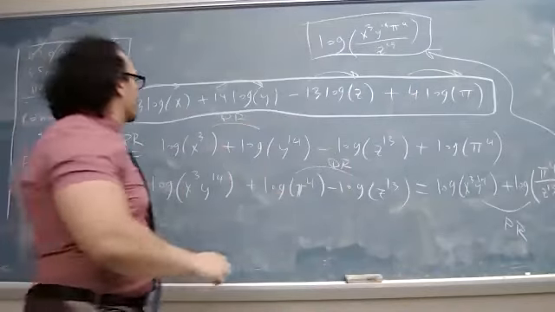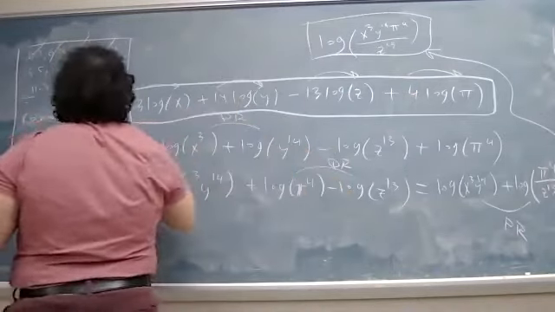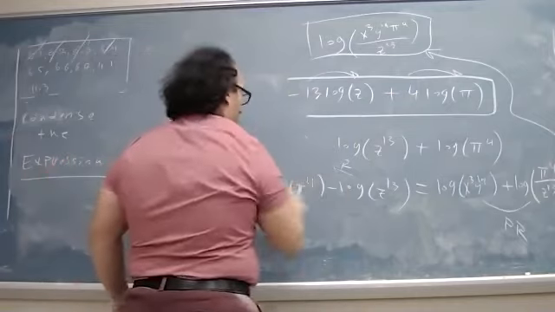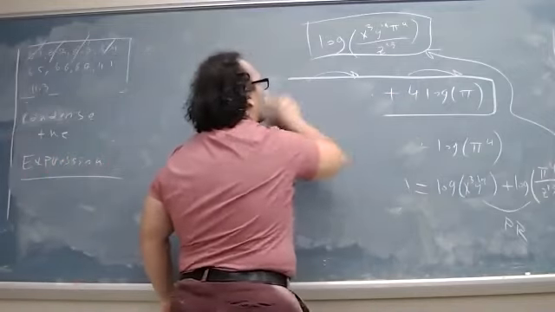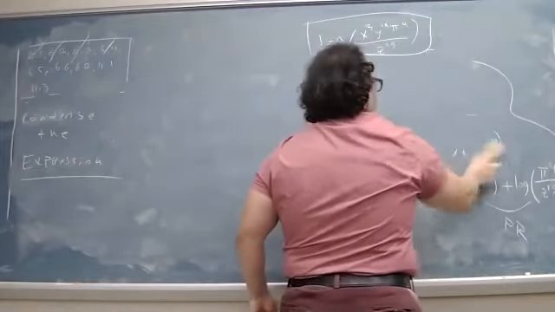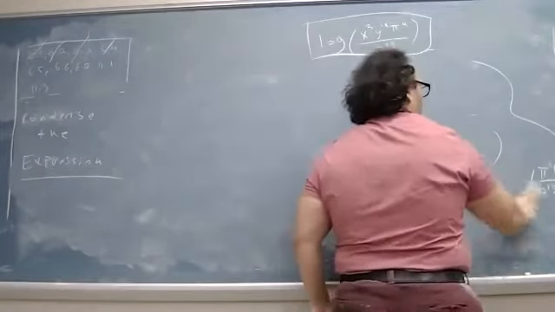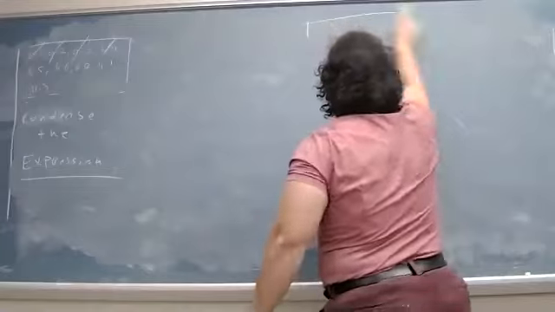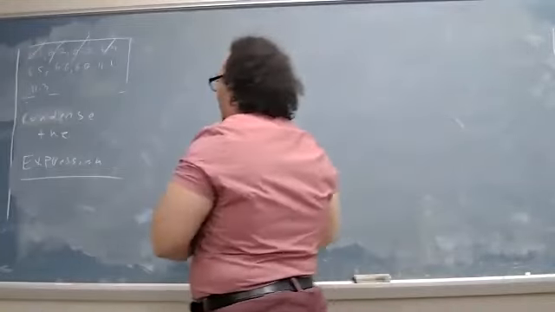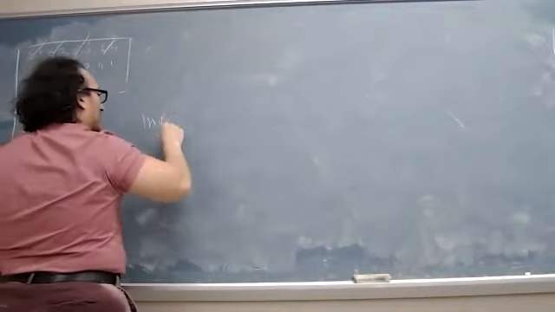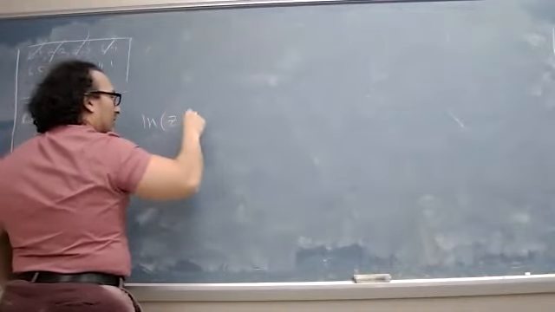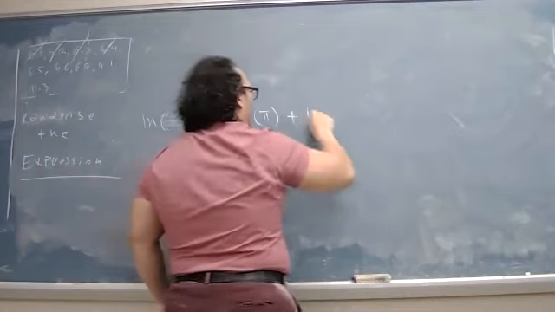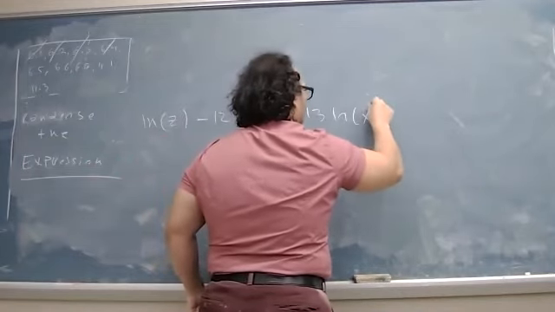Let's do another example. What about the ln of z minus 12 ln of pi plus 13 ln of x cubed?